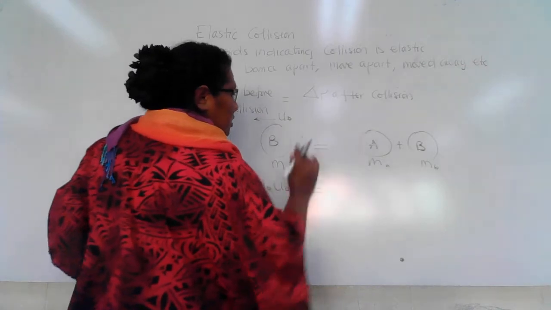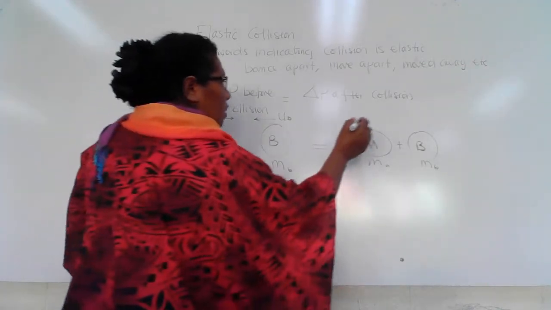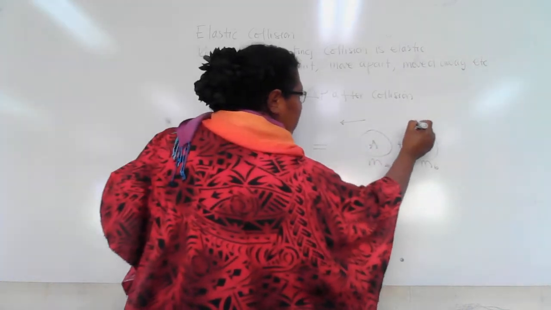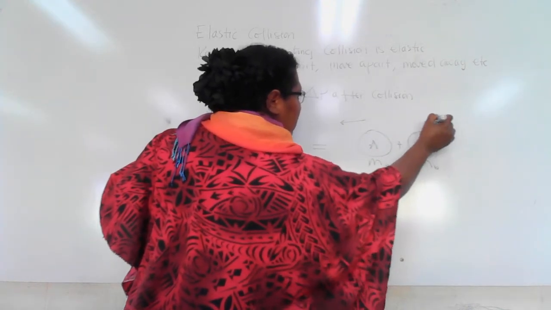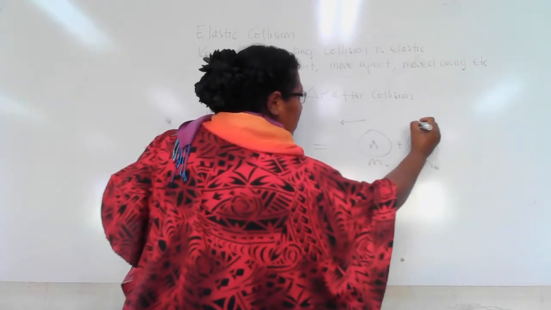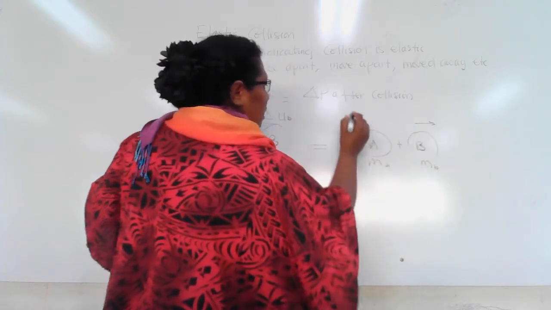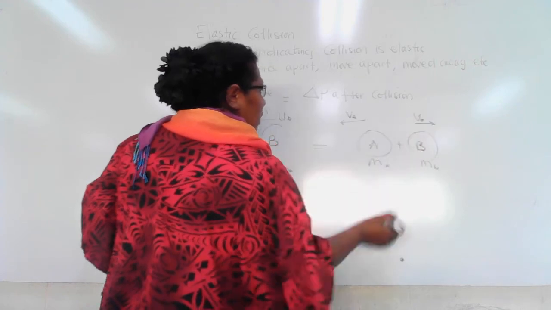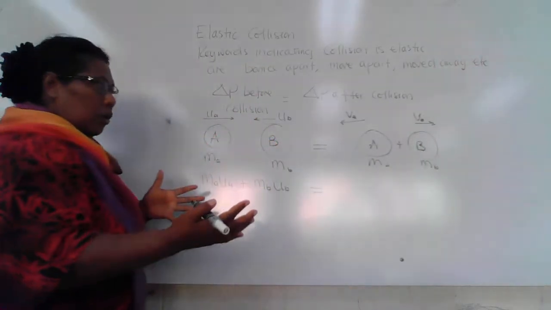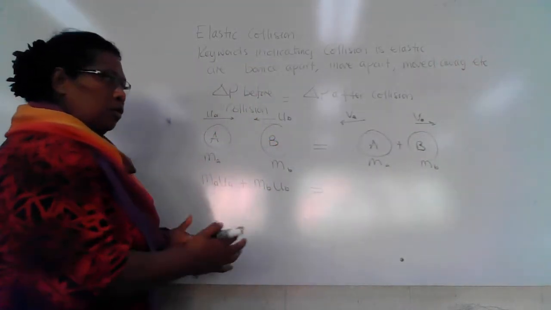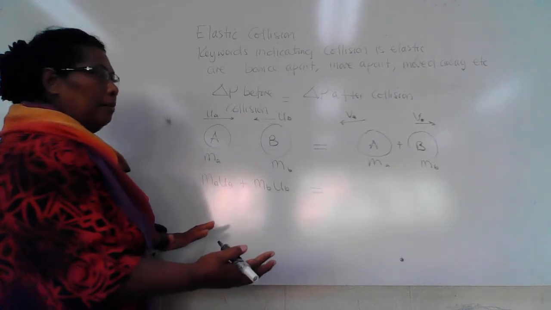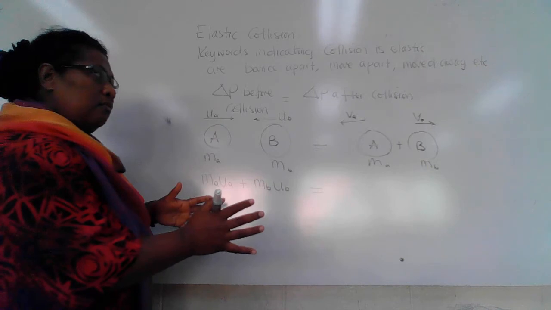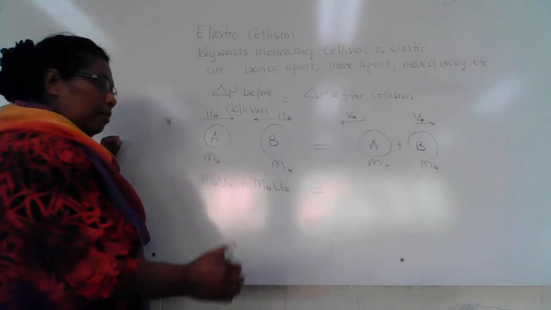And this time after the collision, object A moved back this way and object B moved in that direction. They moved apart in opposite directions. So now we have vA and we have vB. Note that we're just drawing the vectors not to show the magnitude of the velocity, but for now the vector only indicates that they're moving apart.